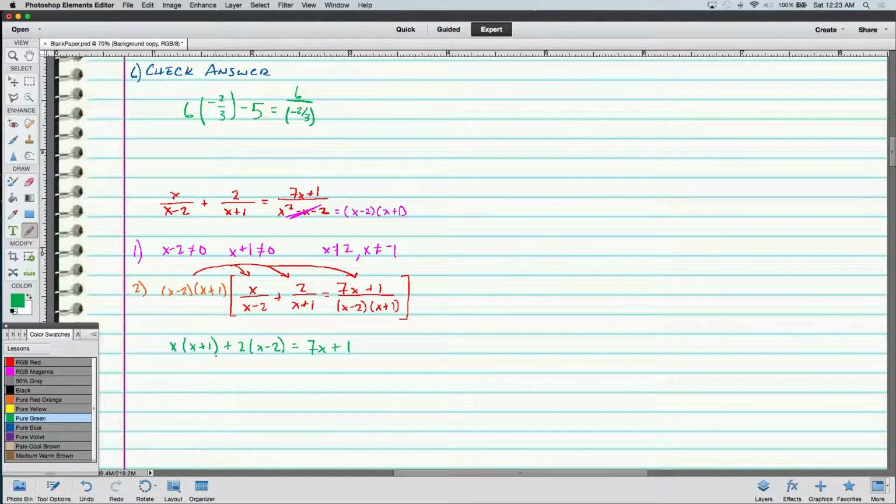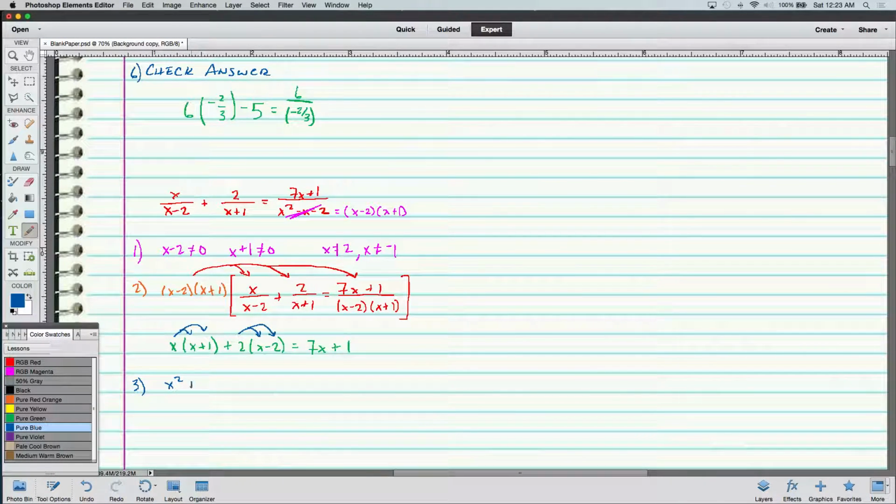Now we need to write this in standard form, but we have some parentheses that we need to get rid of first and some rearranging that we need to do. So step 3, we're going to distribute this x, distribute the 2, because we're trying to get this into standard form.